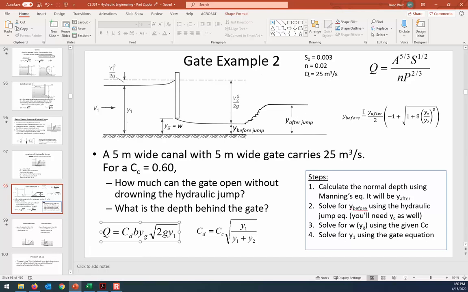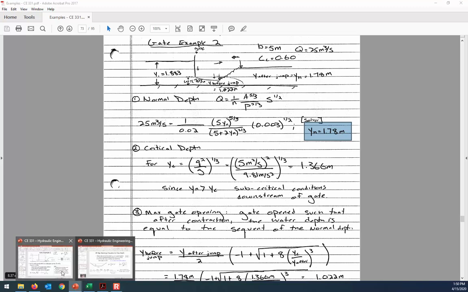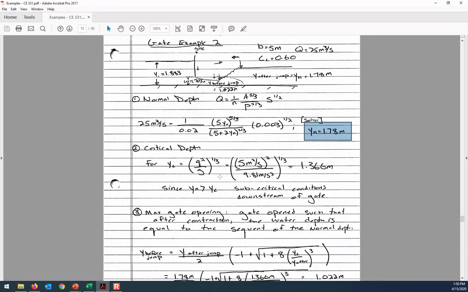And if that's 1.76, then what is the depth before the jump? To do that, we have to know the critical depth, because the momentum equation has the ratio of the critical depth to the depth downstream. So I found the flow per unit width of 5 meters squared per second, and from that you get the critical depth of 1.366 meters.